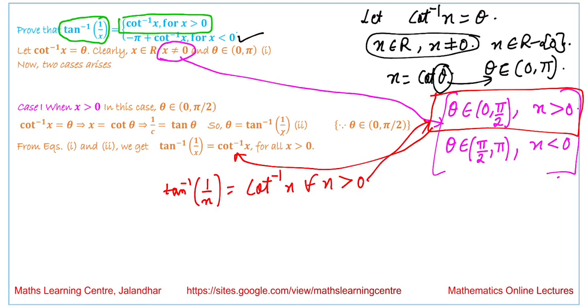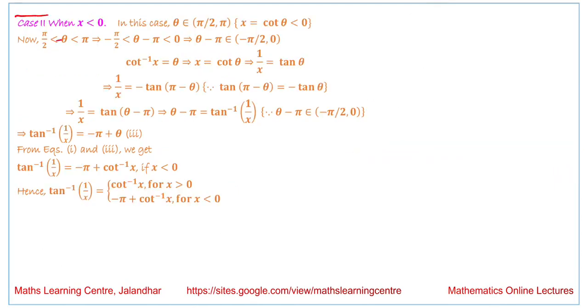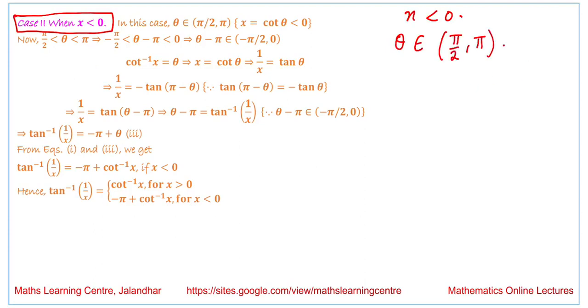Now we come to our second case, when x is less than 0. This means that theta belongs to the interval pi by 2 to pi. It means pi by 2 is less than theta is less than pi.